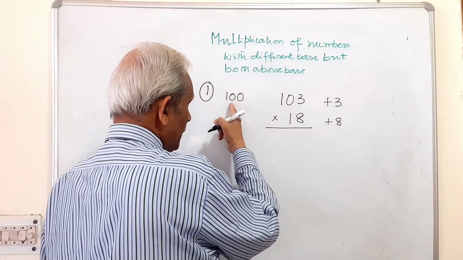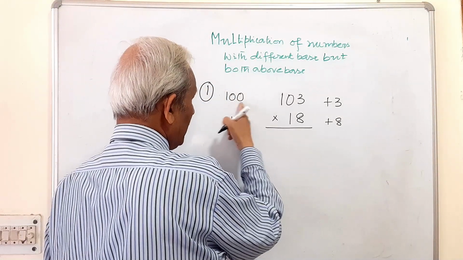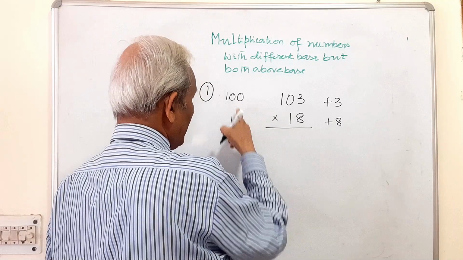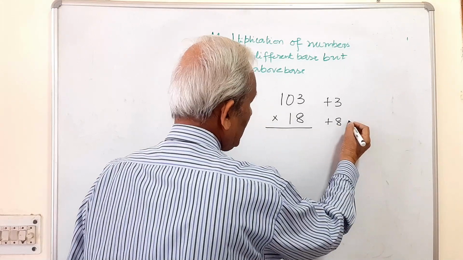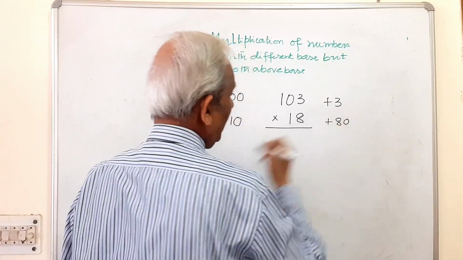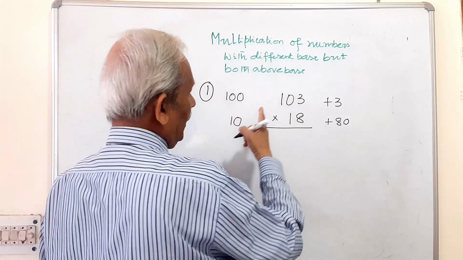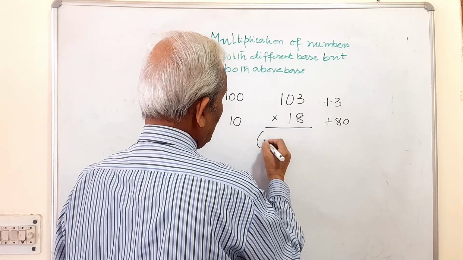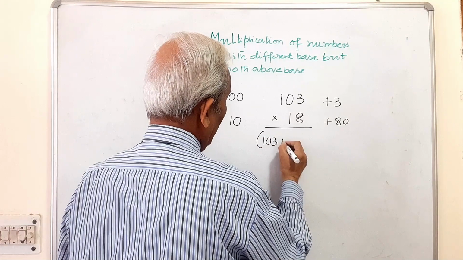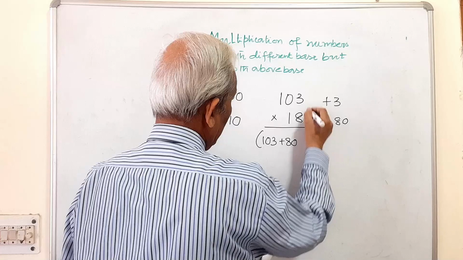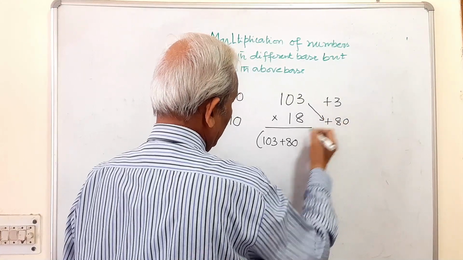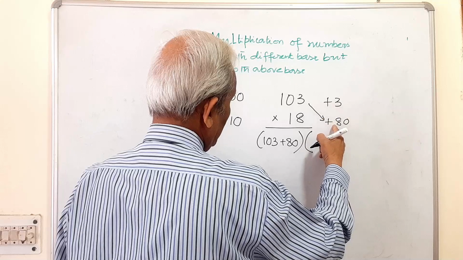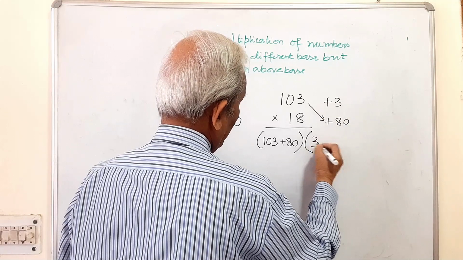Now the zeros in the bigger number's base is 2 and here it is 1. So the difference is 1 zero. So we'll put 1 zero here. Now add this 103 with 80. It becomes 103 plus 80. We'll add like this, the bigger number and the difference. And then multiply this 3 and this original difference, 3 into 8.